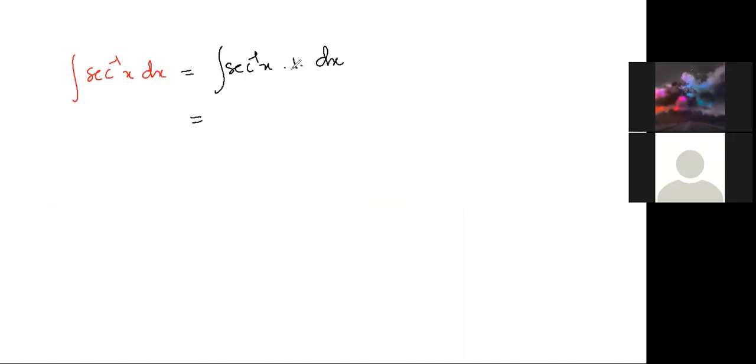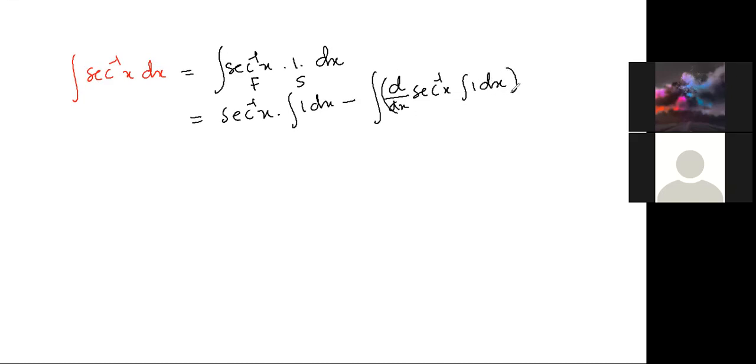First you write the first function and second function. Now you tell me the answer. Sec inverse x, integral 1 dx, minus integral of differentiation of sec inverse x into integral 1 dx, the whole dx. Very good.